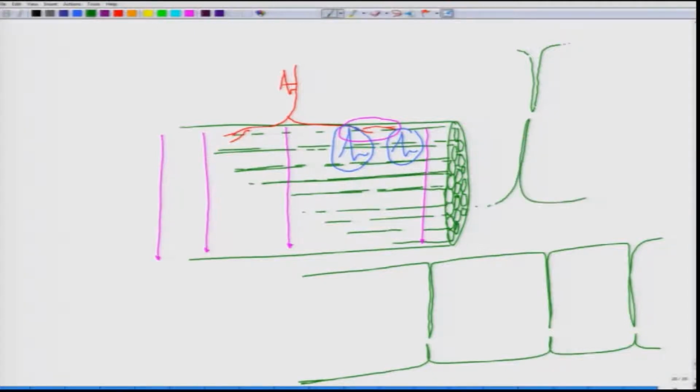Why has this structure been made like this? When I drew this cylindrical structure, I did not show this. Now I am adding to that, so these tubes are something like this. Why does the structure have to be like that in the first place?